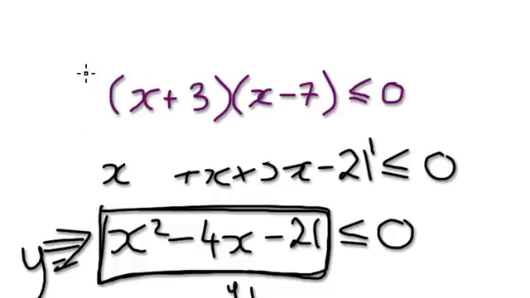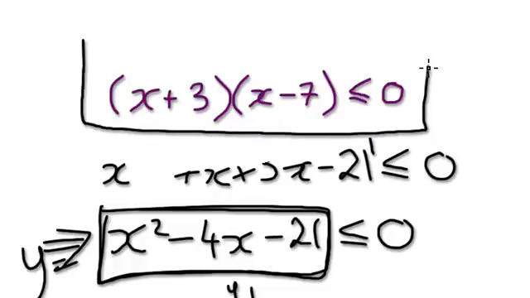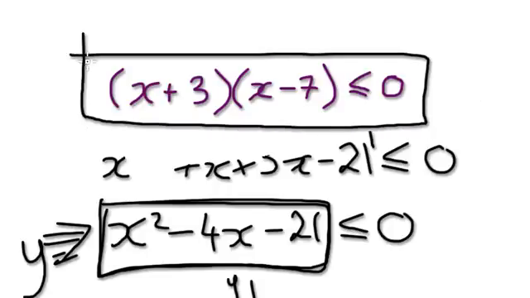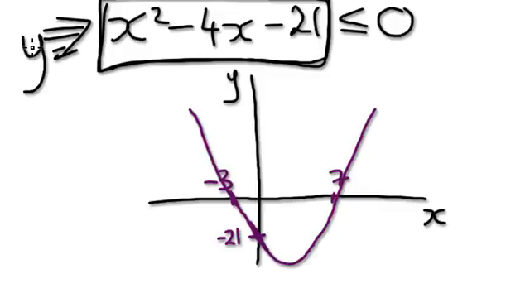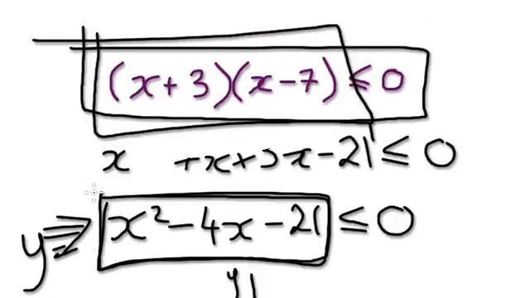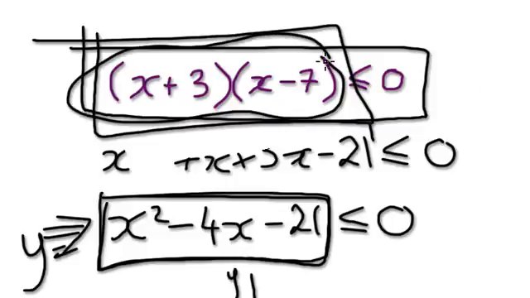Okay, so this was what was given to us right from the start. So now we use this to draw our graph, which happens to be like this. Okay, and now we've got to select a region where this whole thing here is less than or equal to 0.